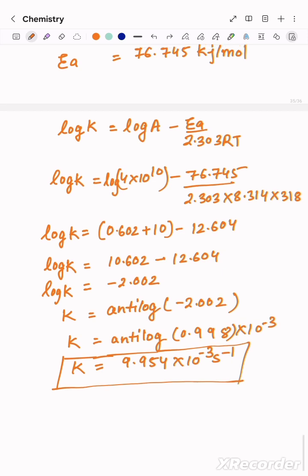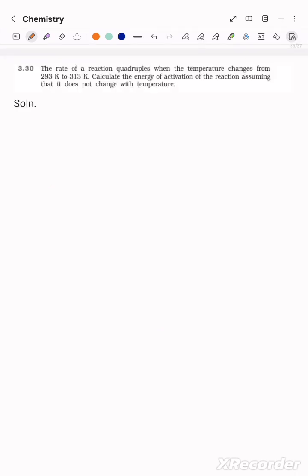Now the next question is: the rate of reaction quadruples when the temperature changes from 293 Kelvin to 313 Kelvin. Calculate the energy of activation of the reaction assuming that it does not change with temperature.